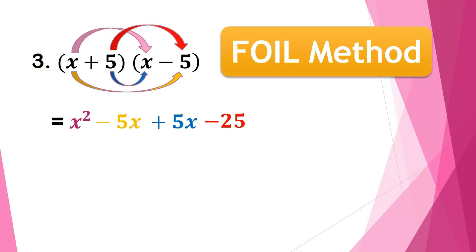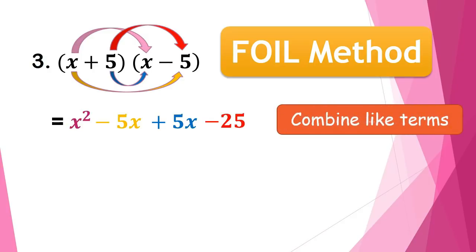After we expand the given problem, what we are going to do next is to combine like terms. So, when we say combine like terms, ano nga bang ibig sabihin nun? So, pagsasamahin natin ang dalawang variable na magkaparehas at magkaparehas ang exponent. In this case, ang magkaparehas natin na variable at exponent ay ang negative 5x and 5x.